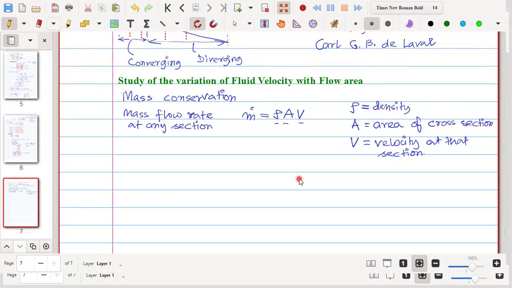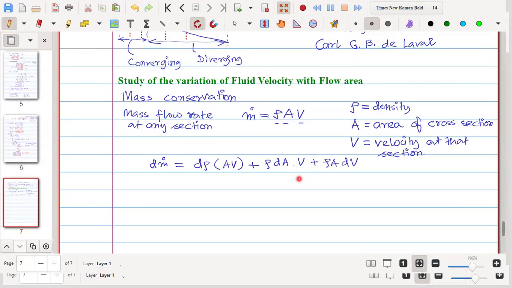So we can write, if we go for differentiating, then dm dot is equal to d rho multiplied by A into V, plus rho into dA into V, plus rho A into dV.